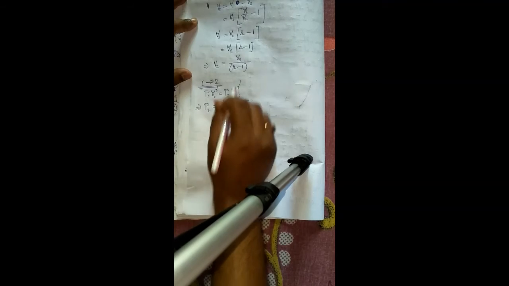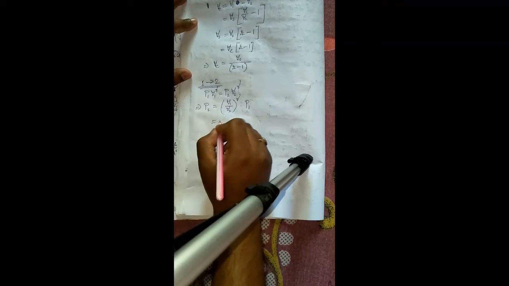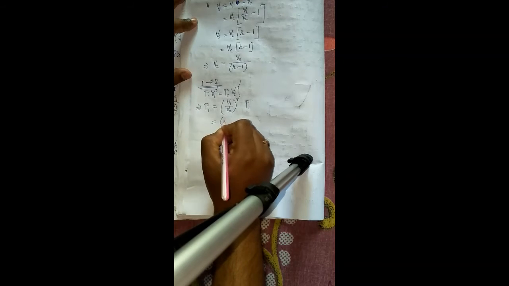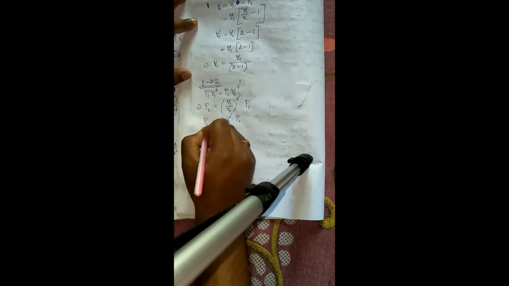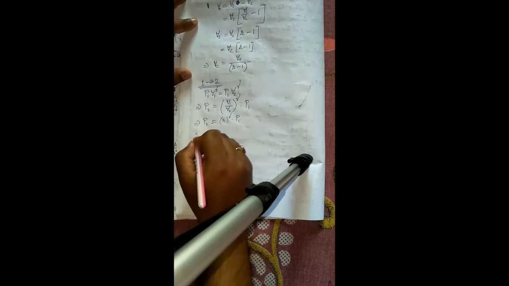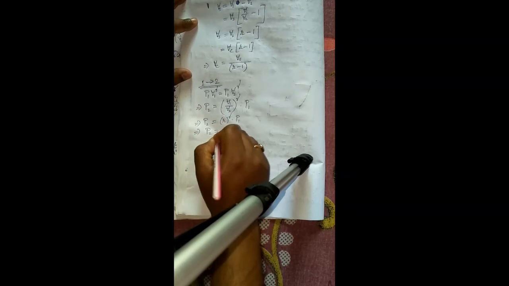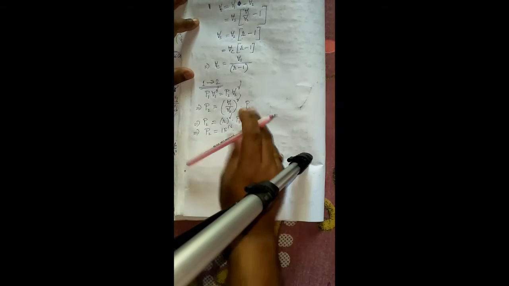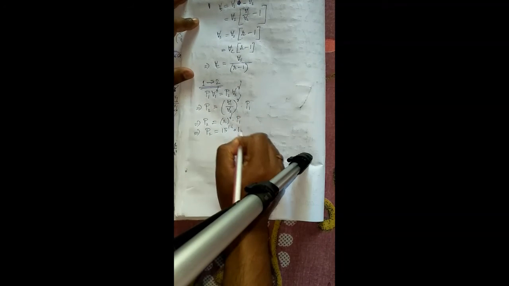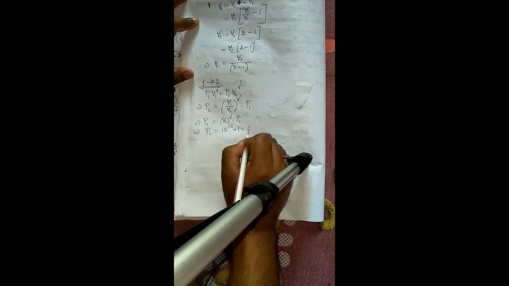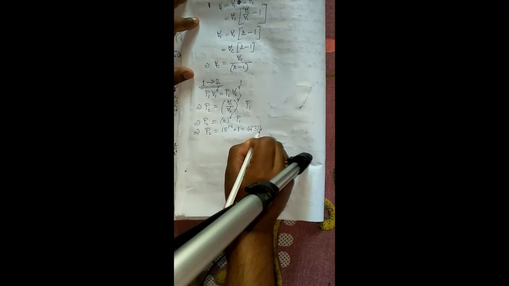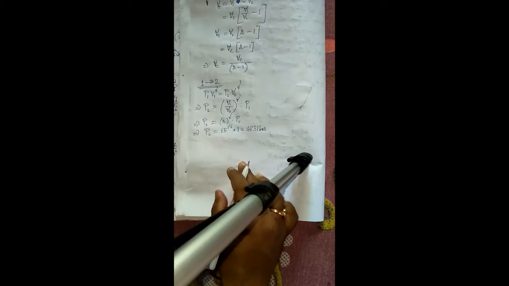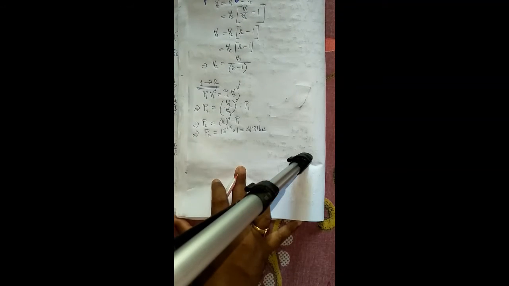V1 by V2 is r, the compression ratio. So r to the power gamma into P1. So P2 becomes 15 to the power 1.4 into the value of P1, which is 1, so 44.31 bar. P2 value is 44.31.